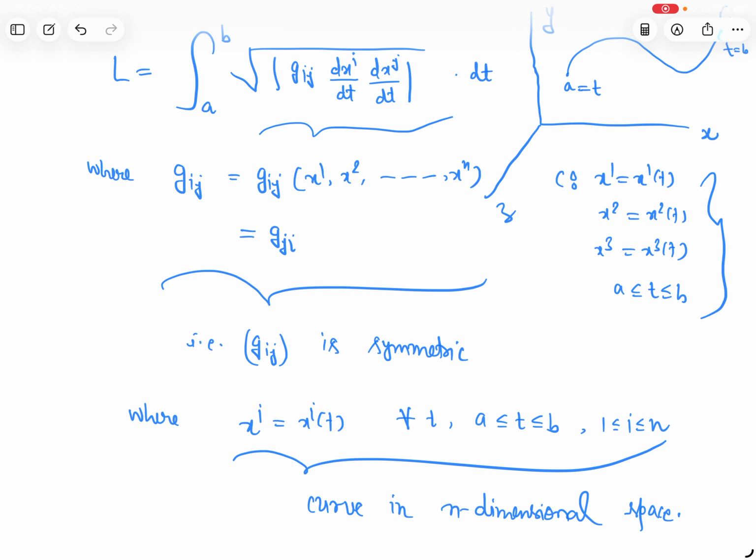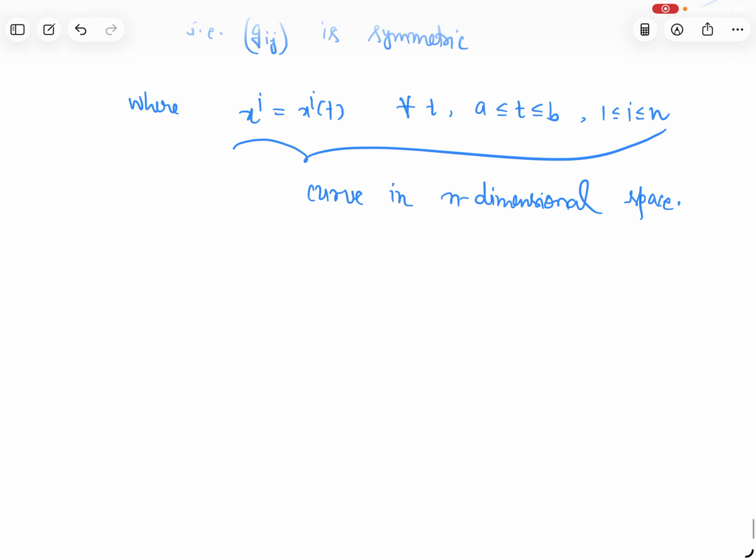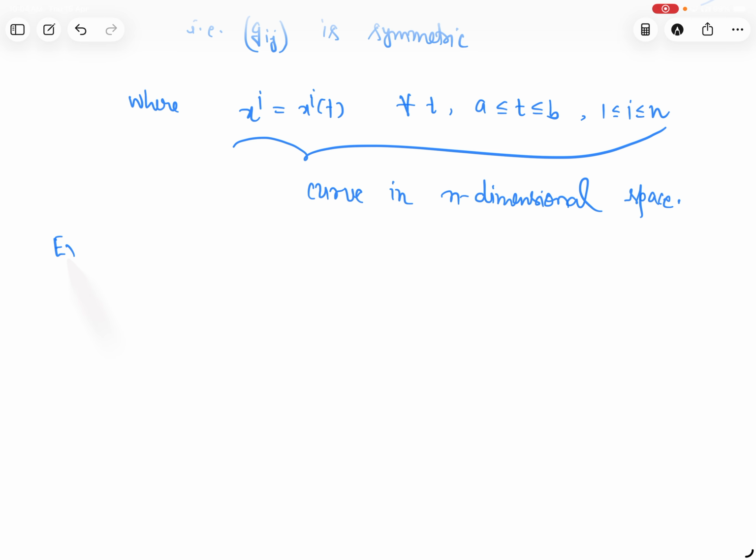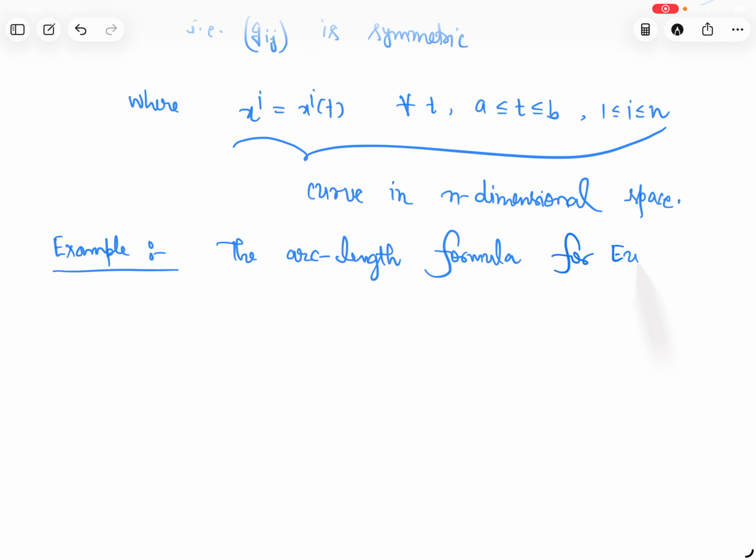Please note up to this. Example: the arc length formula for Euclidean three-dimensional space in a rectangular coordinate system.